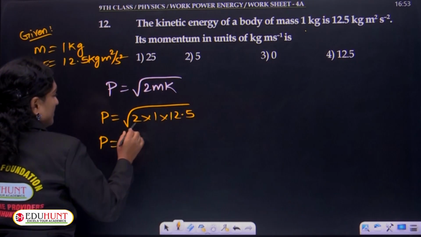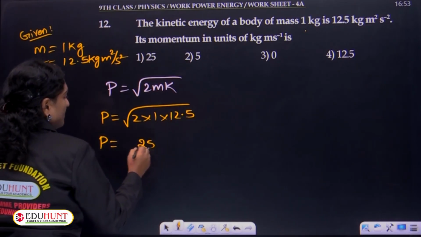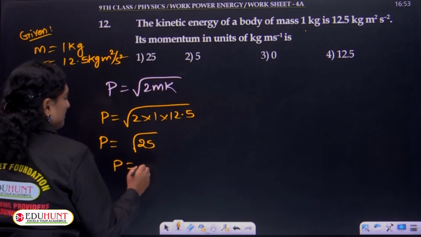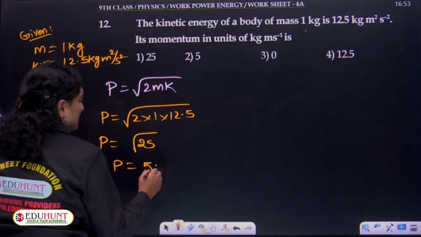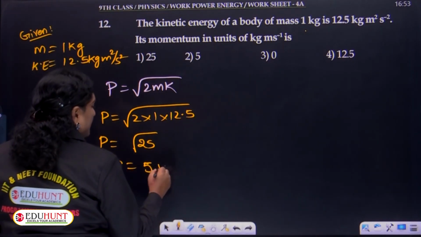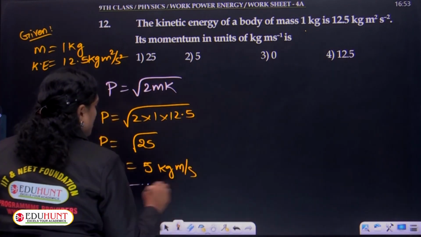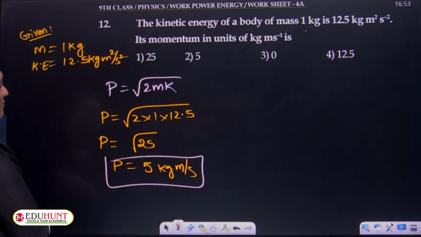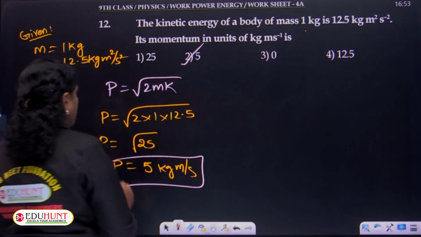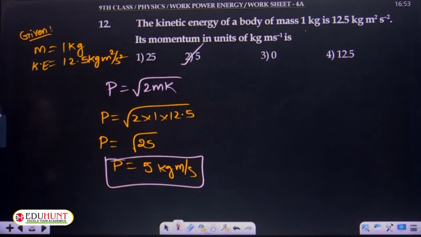Or P equals under root 2 into 12.5, which is 25, or P equals 5 kg meter per second. Therefore, the correct option is 5 kg meter per second, that is, option 2 must be true.